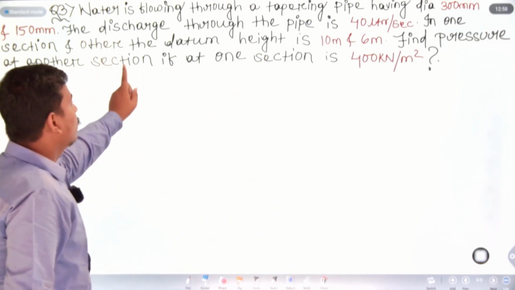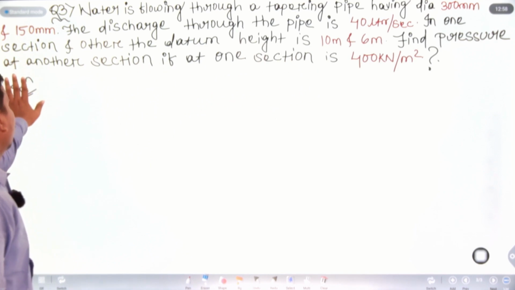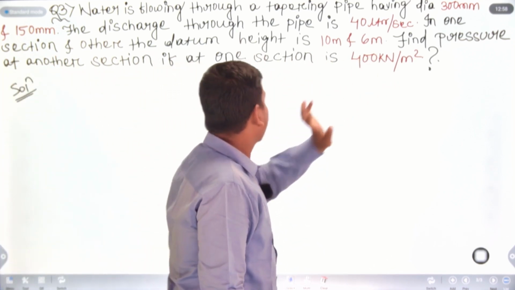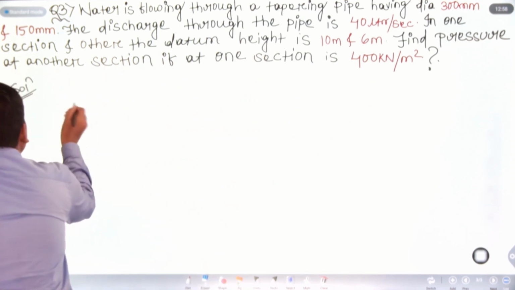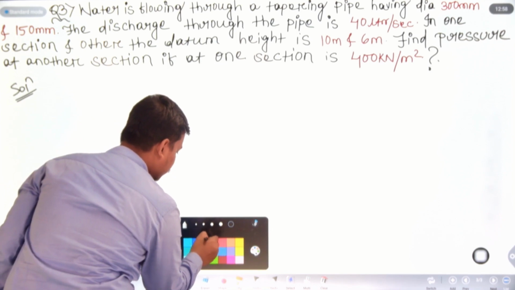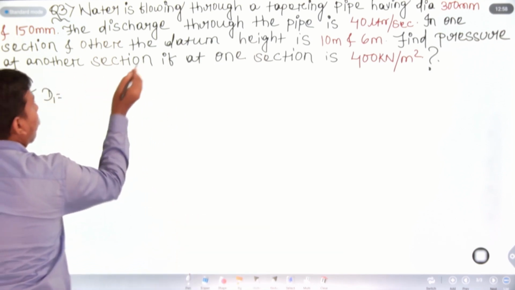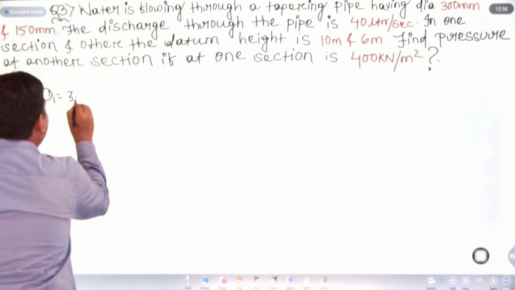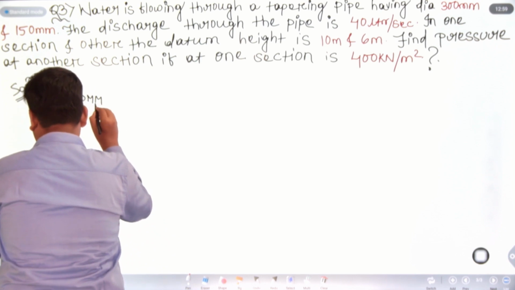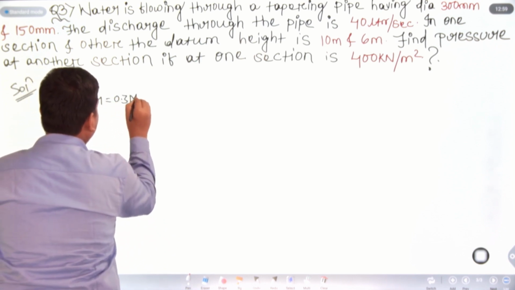Water is flowing through a tapering pipe having diameter 300 mm and 150 mm. The discharge through the pipe is 40 liter per second. The data given, so D1 is equal to 300 mm, which is 0.3 meter, converting it into meter.